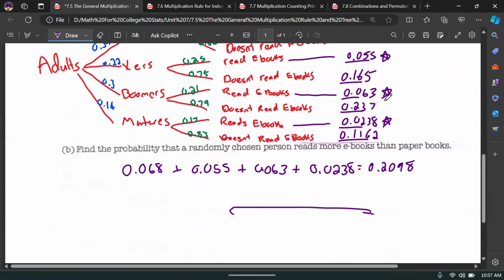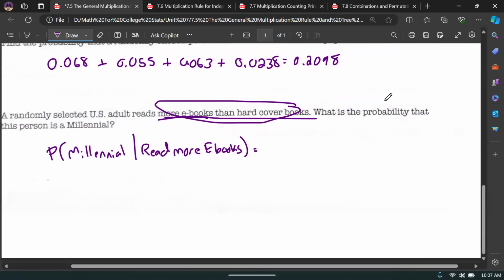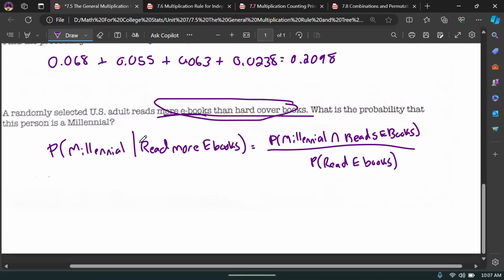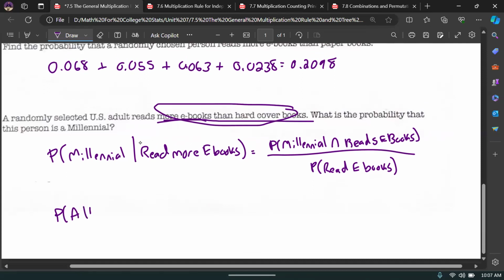So, probability that they're millennial and reads ebooks out of the probability that they read ebooks, again following the formula that we've learned in a previous section: the probability of A given B equals the probability of A and B divided by the probability of B. I'm using this formula right here.